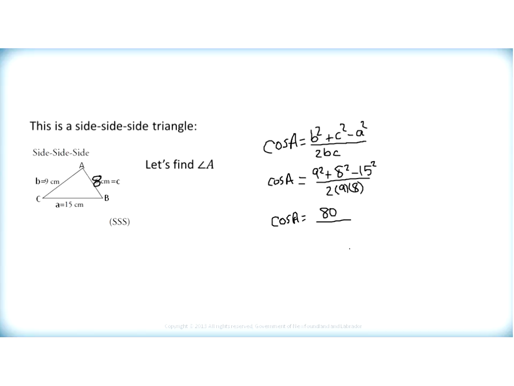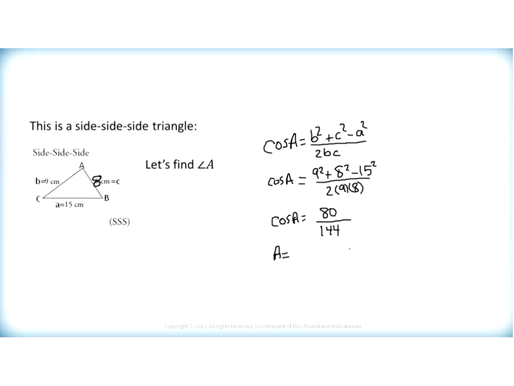So cos A is equal to negative 80 divided by 144. So what I'm going to do now on my computer calculator, I'm going to go back to it real quick. Actually, let's simplify this. I have cos A equals negative 80 divided by 144. So if I want to find angle A, like I did with my sine law, I've got to get rid of that cosine ratio.